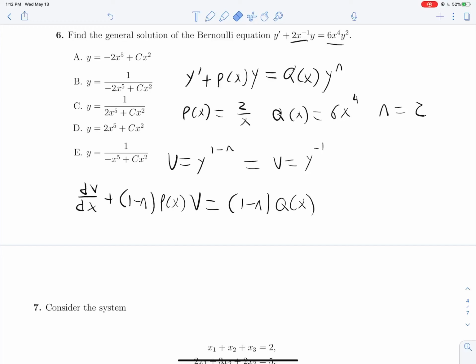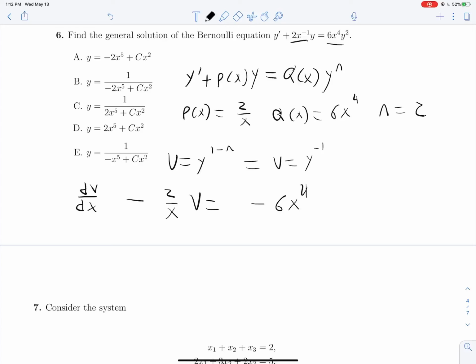So let's fill in these values here. Well, we know that 1 minus n in our case is negative 1. And our p of x, we said, is 2 over x. So right here we get minus 2 over x times v. And then our q of x is the same q of x up here, which is just 6x^4.